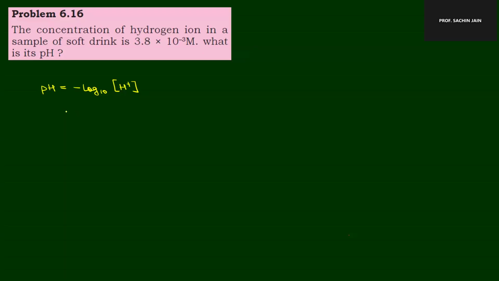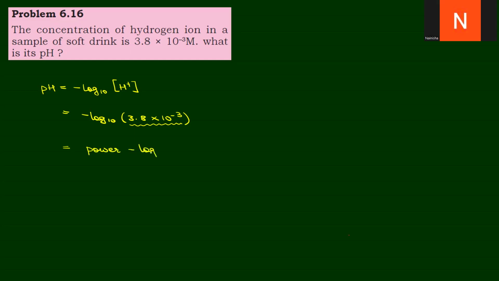So if you take the negative logarithm of this value, which is 3.8 into 10 raised to minus 3. तो मैंने बताया था आपको नेगेटिव लॉग किसी भी नंबर का अगर लेना है with a 10 power negative, then the shortcut rule is the power minus the log of the number which is multiplied, so 3 minus log 3.8. सो नेगेटिव लॉग ऑफ ऐसे टाइप का नंबर रहेगा तो उसका जो भी पावर है वो बाहर आ जाएगा. तो द पावर ओवर हियर इज 3 माइनस लॉग ऑफ 3.8.